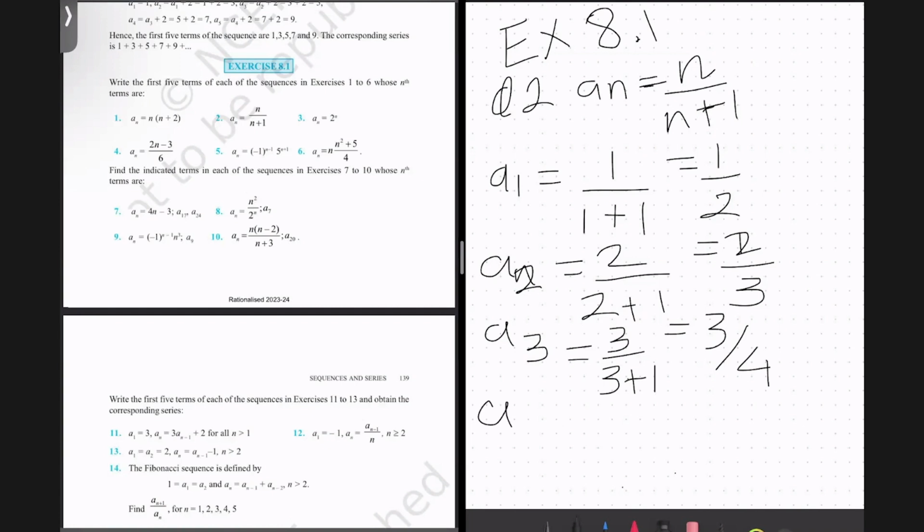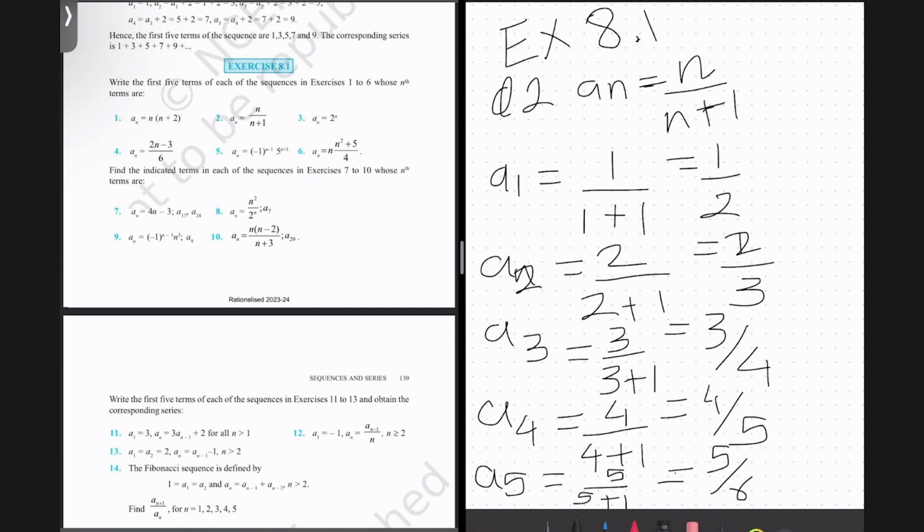For the fourth term, I would have 4 upon 4 plus 1, and that is 4 upon 5. For the fifth term, I would have 5 upon 5 plus 1, and that is 5 by 6.